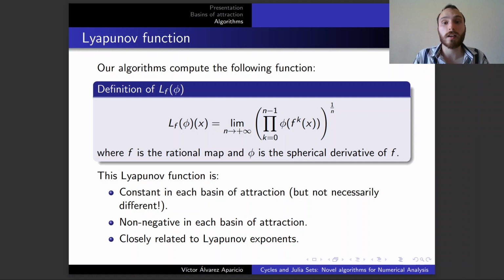Also, these constants are closely related to Lyapunov exponents, a very useful concept often used to study the local stability in continuous dynamical systems. In fact, the logarithms of the constants we are computing are the Lyapunov exponents of the considered rational map.